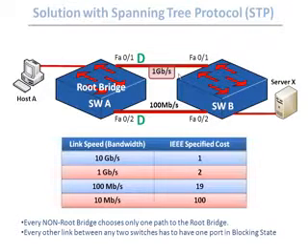F01 has a bandwidth of 1 gig, which is why its cost is 2, and the other link through F02 has a bandwidth of 100 megs, which means the cost is 19. Obviously, the F01 port wins because it has a lower cost, and this port is what we know as a root port, meaning it's the port that takes you to the root bridge, the port with the lowest possible cost.